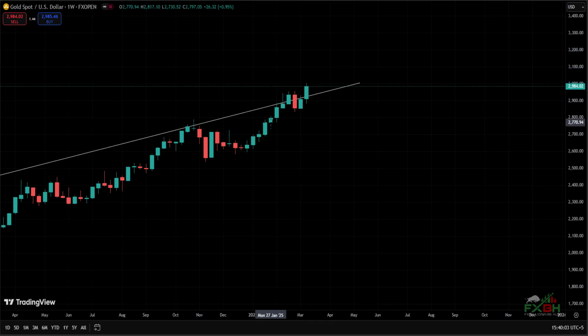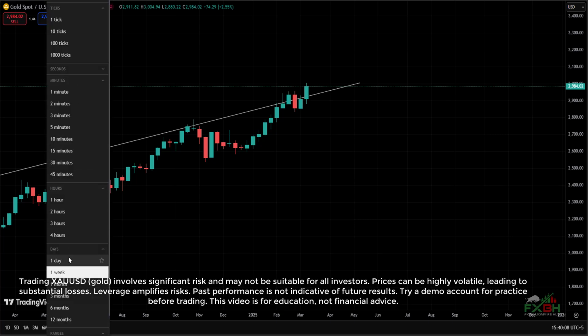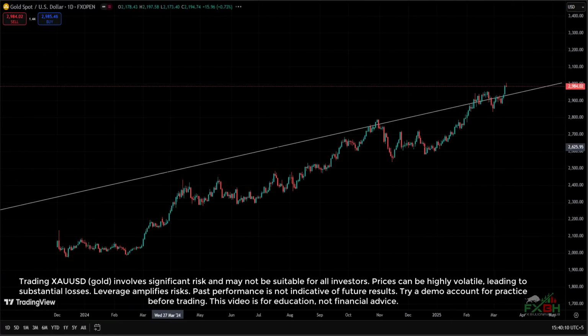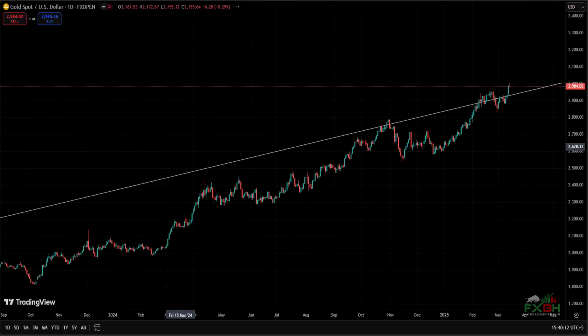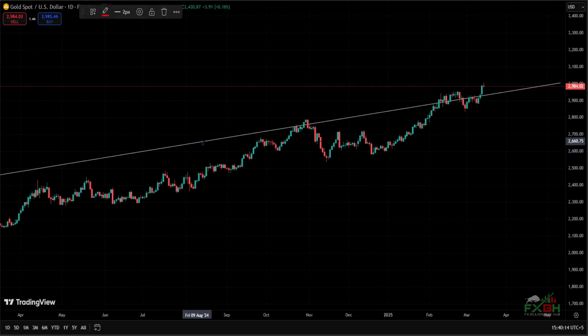Okay, so on the weekly time frame the market is on buy, and if we want to start on the daily time frame to find the proper direction of the market, I want to delete all of the drawings, meaning the trend line.